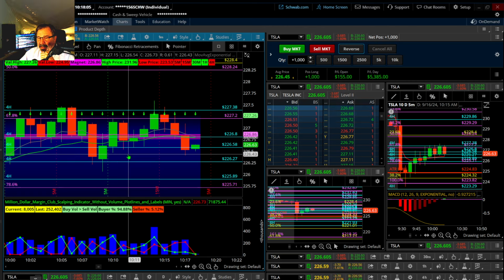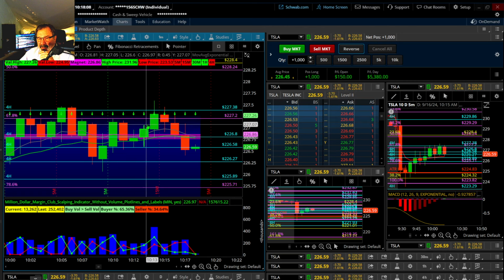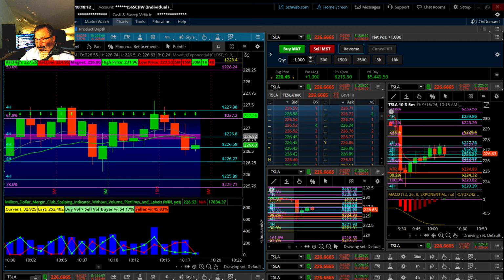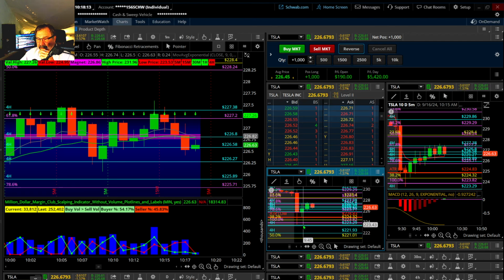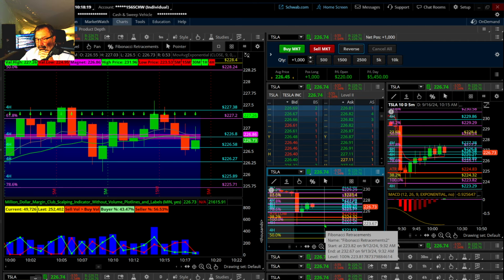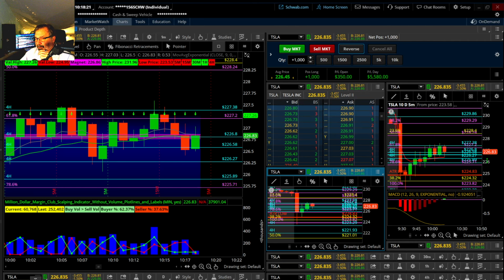So this isn't a bull flag now because it broke, can't go more than halfway down the flag. This could make a bear flag there. Oops.